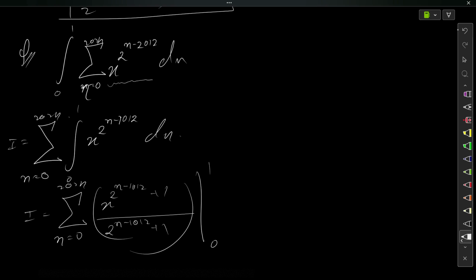So this could be written as sigma n equal to 0 to 2024 of 1 over 2 to the power of n minus 1012 plus 1.